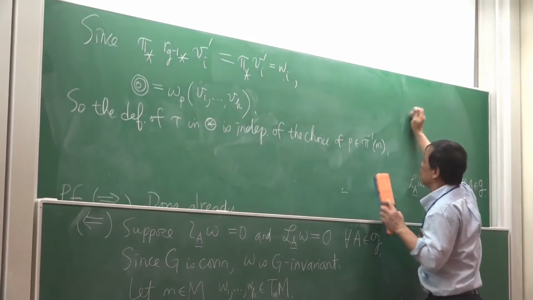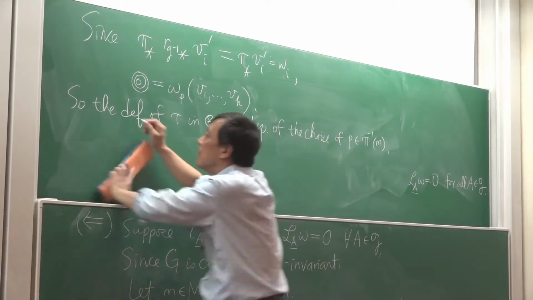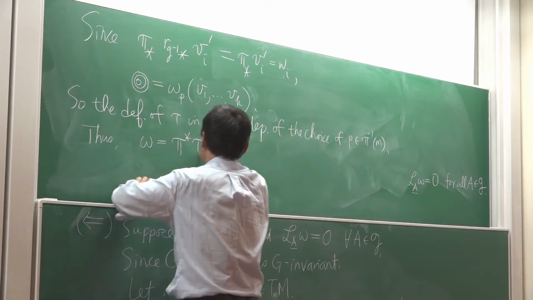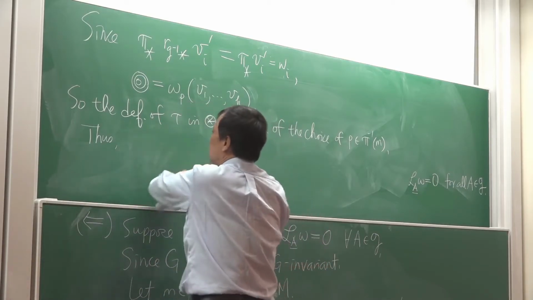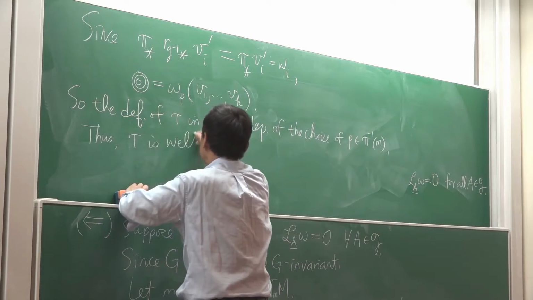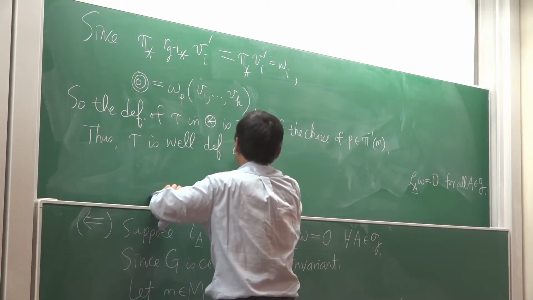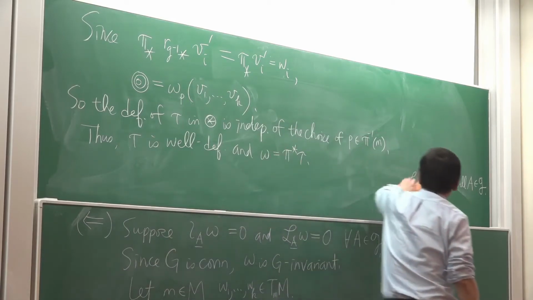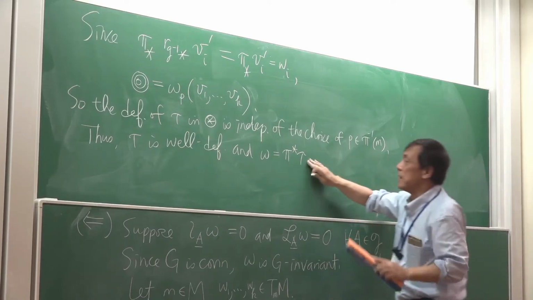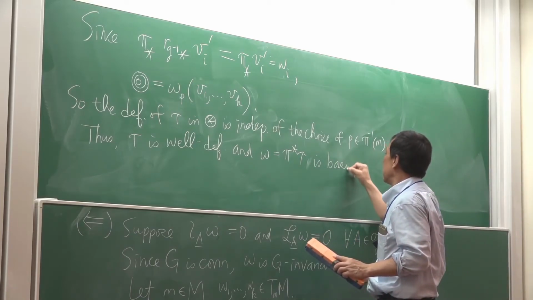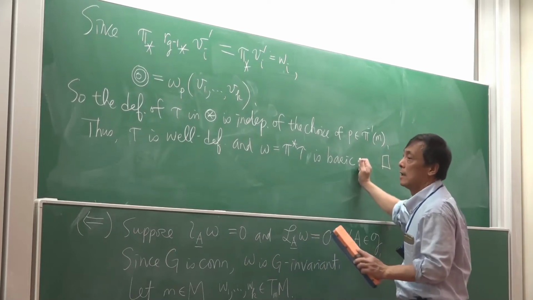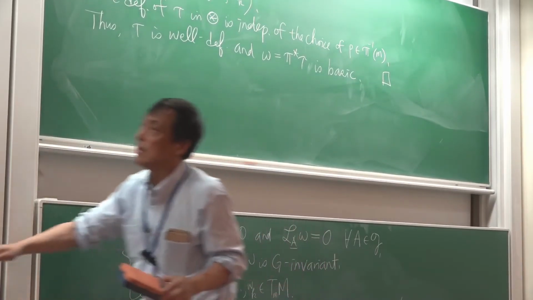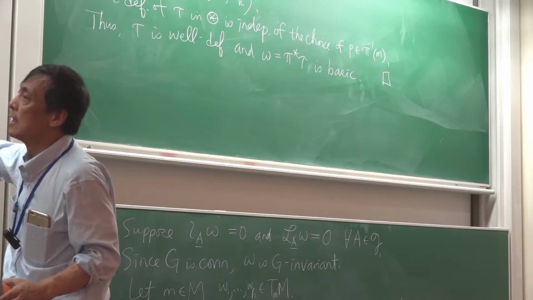Okay, so that says it's well defined. Let me say, thus tau is well defined, and omega is pi star of tau. Okay? So it's basic.